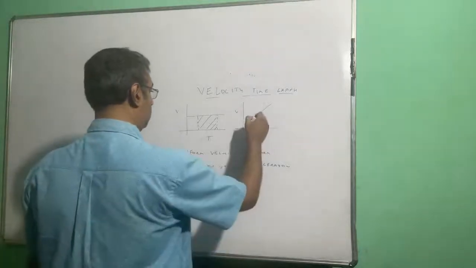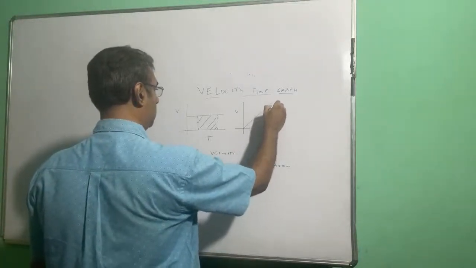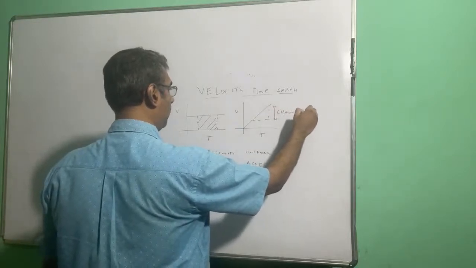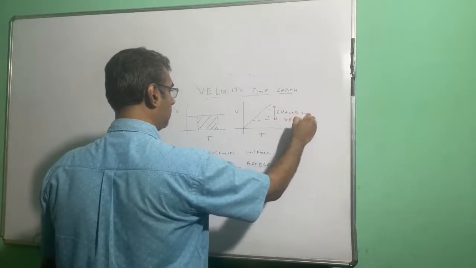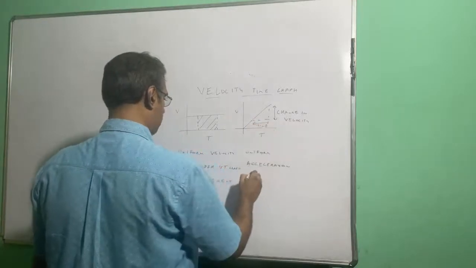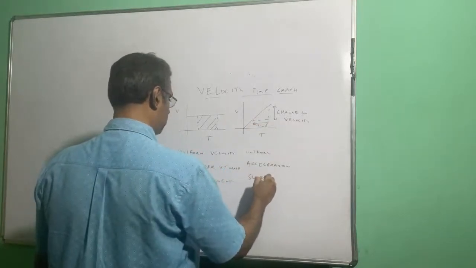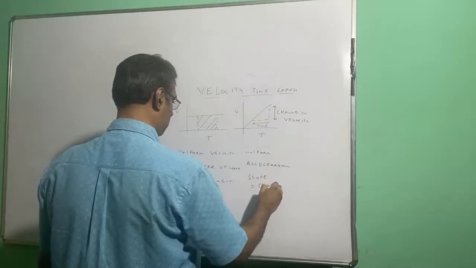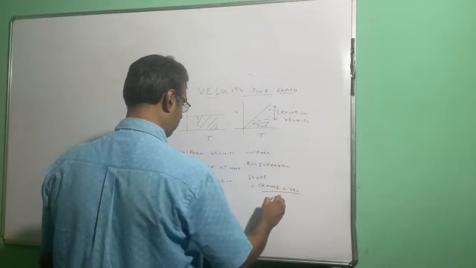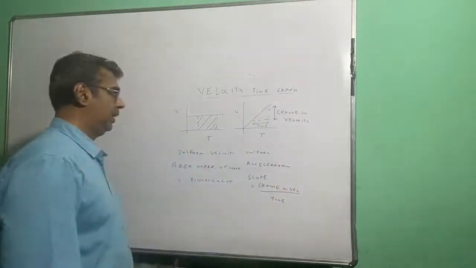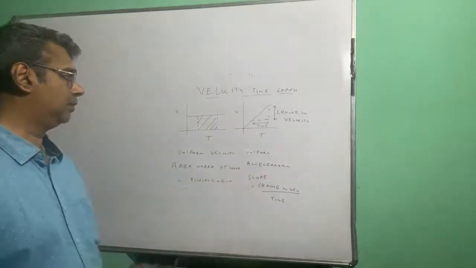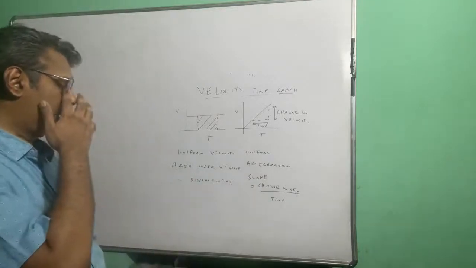And the other is the slope. Change in velocity by time gives the slope of the graph, and the slope of the graph is the uniform acceleration, right?